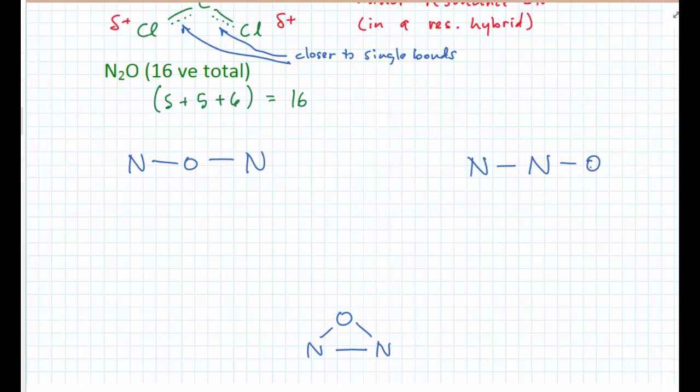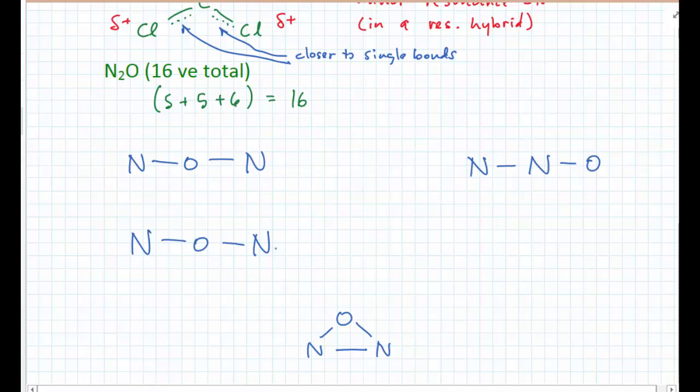Now what we're going to do is we're going to fill in electrons, and we're going to use formal charge as a way of assessing what the most likely molecule here actually is, what the most likely structure of that molecule is. Okay? So what I want you to do, there are at least 2 resonance structures of NON.